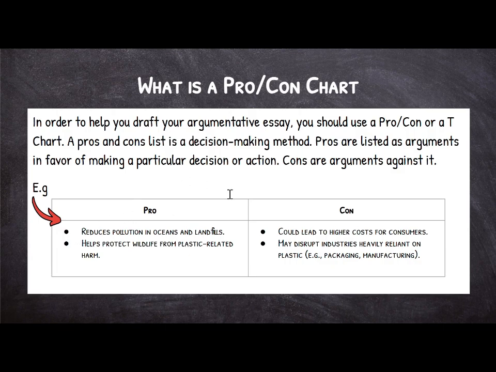So this is what you'll want to create for your topic before you head into your thesis statement and your 2 points, because in your thesis statement you're going to need those 2 points. And just because you might have decided which side you're going to choose, it doesn't mean that you shouldn't find points for the other side. It's important that you do points for both sides before deciding which side you're going to choose.